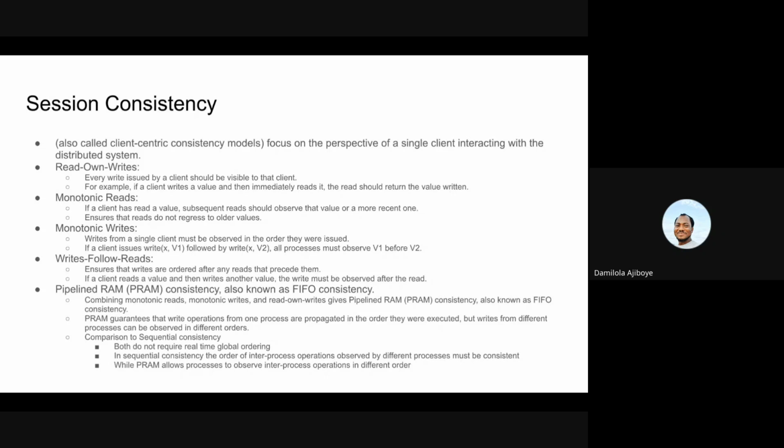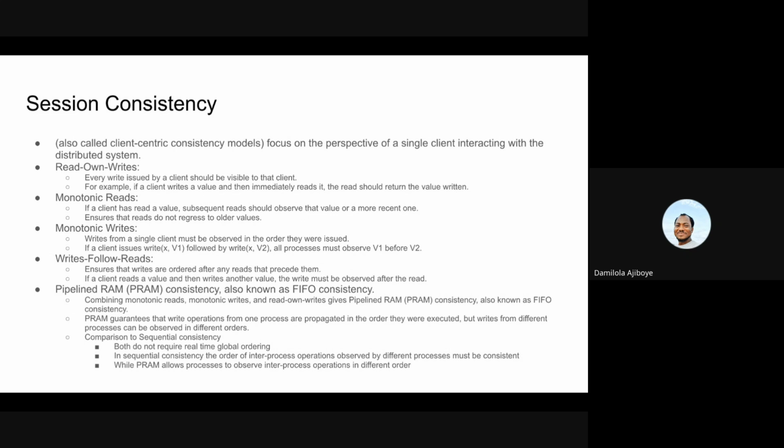In some consistency models, like eventual consistency, you might have stale reads. But in session consistency, we ensure that from a client's perspective, if a client writes a particular value and makes a read immediately, it should see that value regardless of network partitions or anything going on in the network.